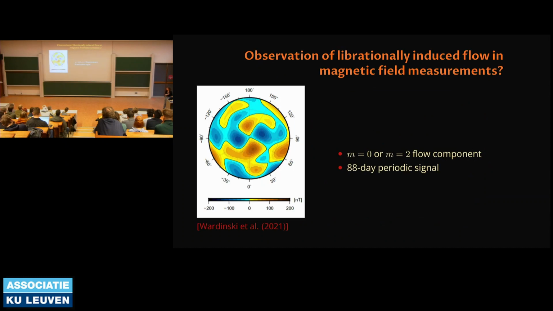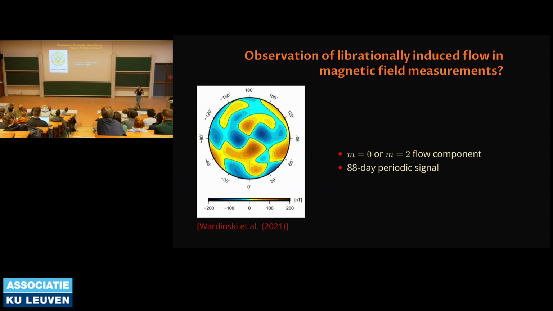And then, can we see something in the magnetic field? So we told you that Mercury's magnetic field is mostly axisymmetric, but there's also some non-axisymmetric part. And I have one example plotted on the left. And you see that it somehow has a bit of an m equals 2 structure. So in this case, we'll look at both.